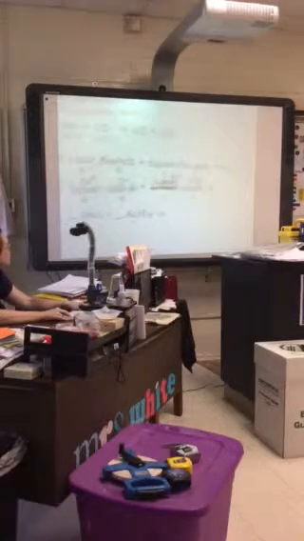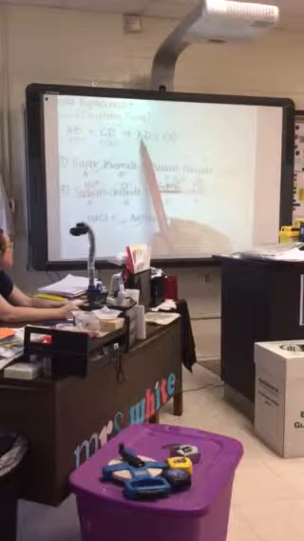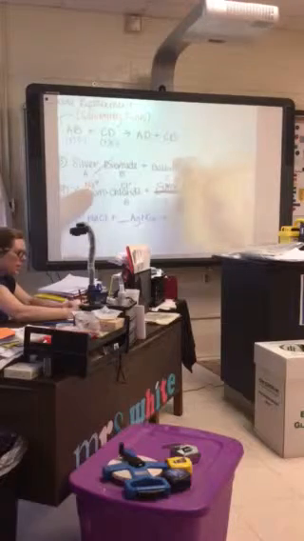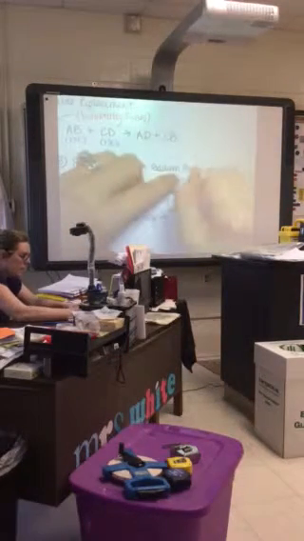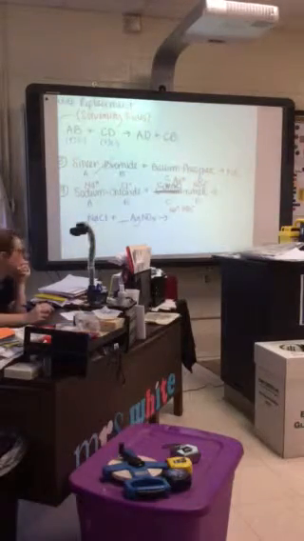My first compound I'm going to form is A and D. So A and D is going to be sodium, D is nitrate. So how would I write that?